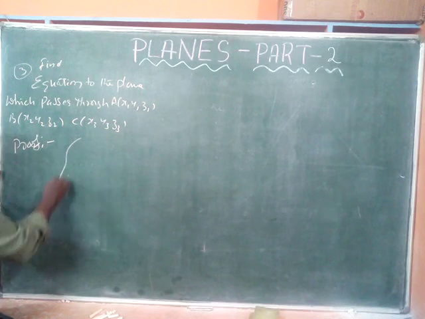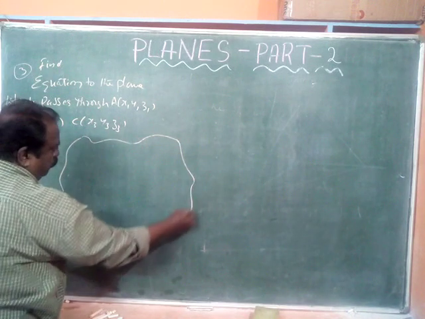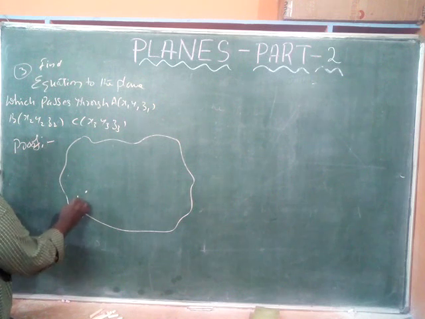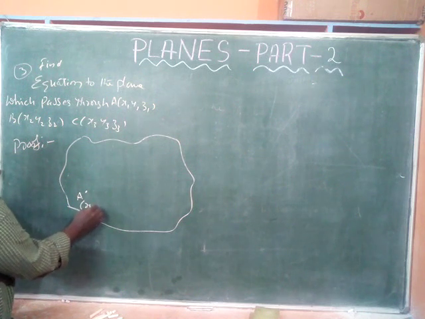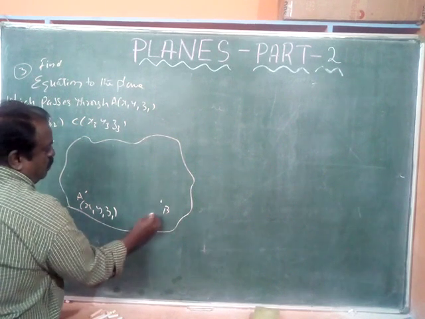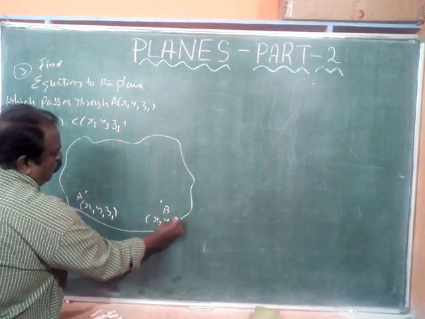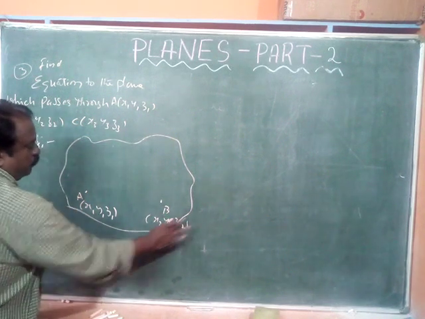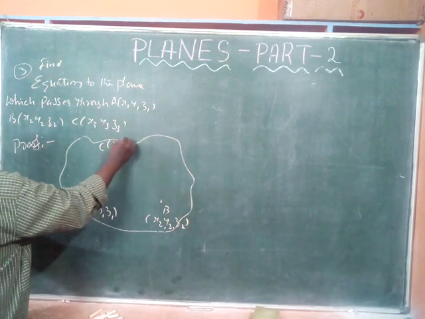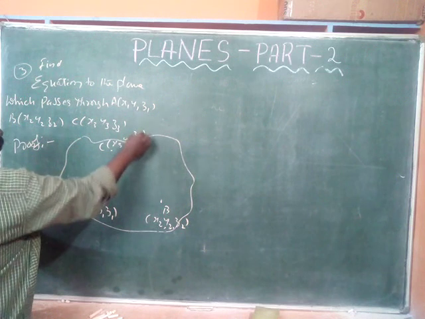You see, this is a plane. A is there, it is x1, y1, z1. B is there, it is x2, y2, z2. And C is there, it is x3, y3, z3.